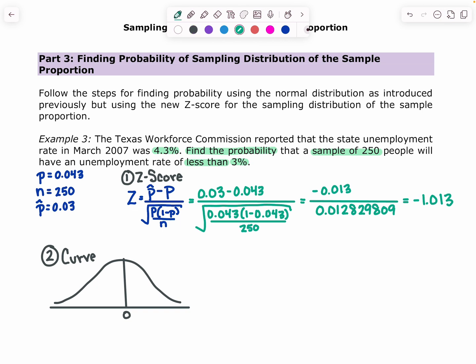We're at negative 1.013, so that's our z-score. Our shading, we want less than, so we're going to shade everything to the left of our z-score. So that's this area here.